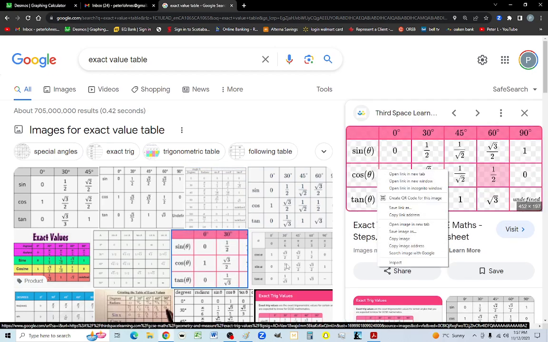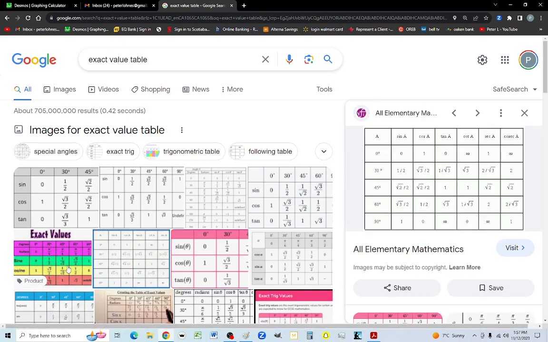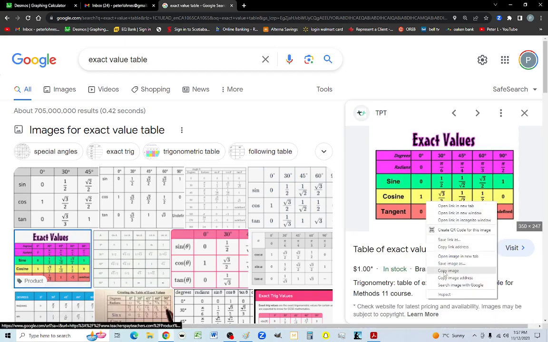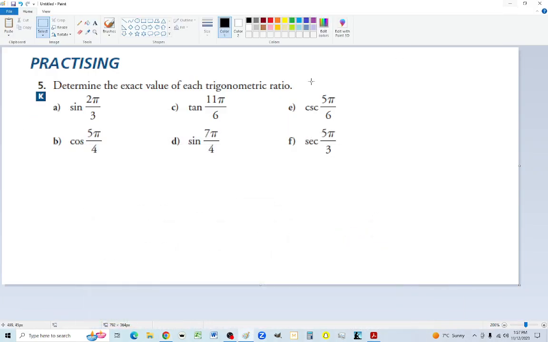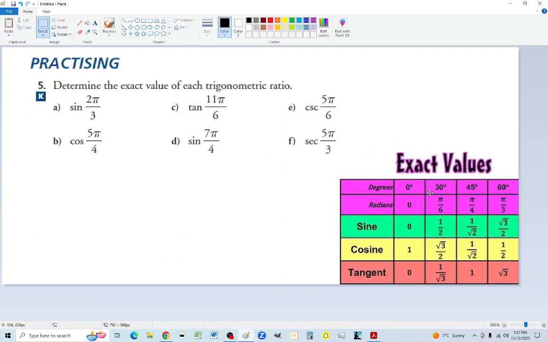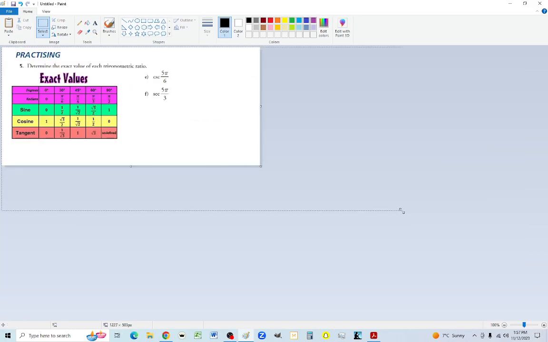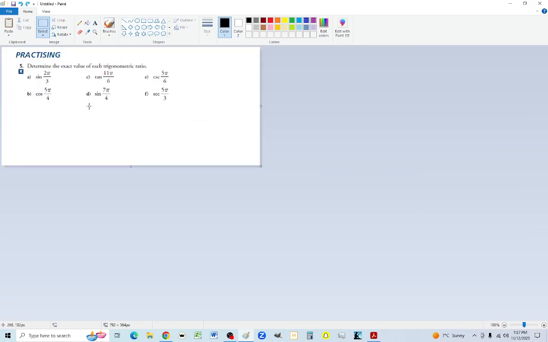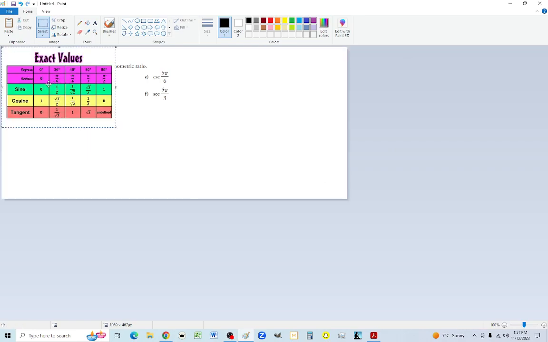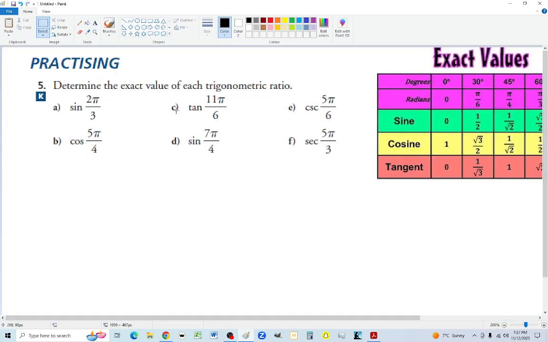Copy image, and we'll just use this as our special values. And when we come across cosecant or secant, we'll just flip the fraction. Again, though, it comes down to where this is on the Cartesian graph, on the unit circle.